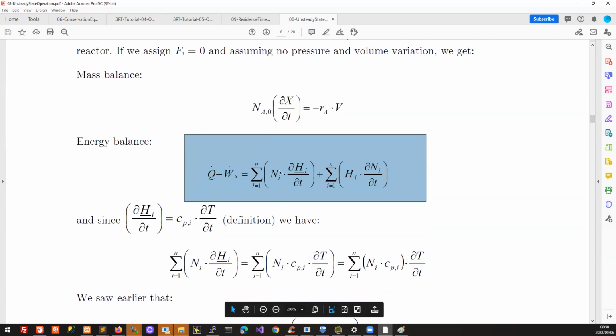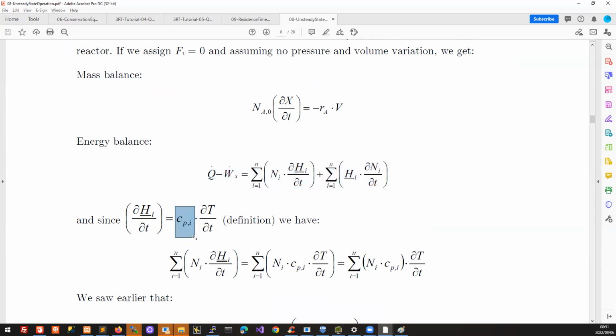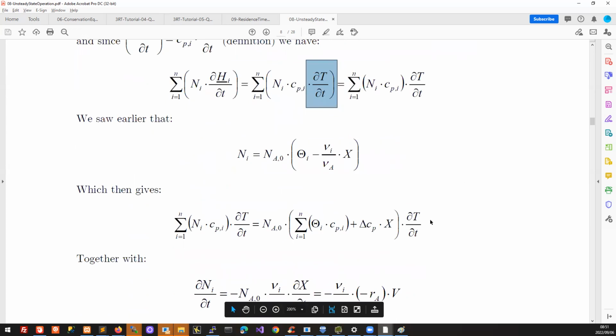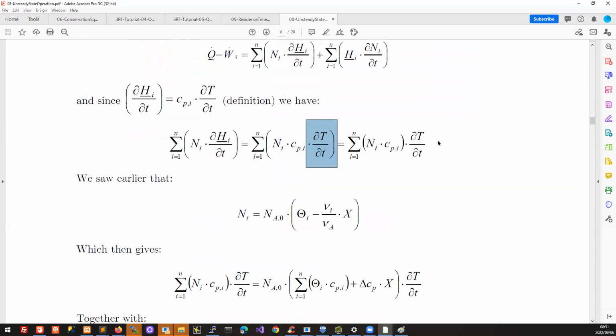And then, of course, we can expand out for dH/dt. The rate of change of the molar enthalpy, if you take heat capacity as approximately constant, is as simple as heat capacity times dT/dt. So we now have a nice dT/dt appearing in our equation, and we can substitute that.